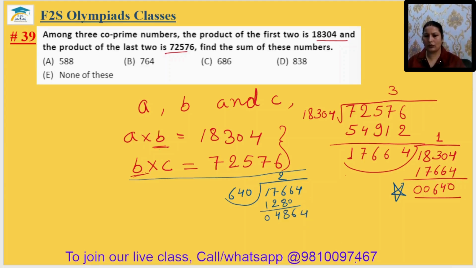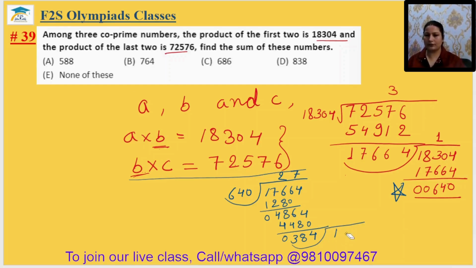Now 4 will drop down. So we can take 640 multiplied by 7, that is 4480. 4 will come. Now 8 come. Now 7 minus 4, 3 will come. Now 0.